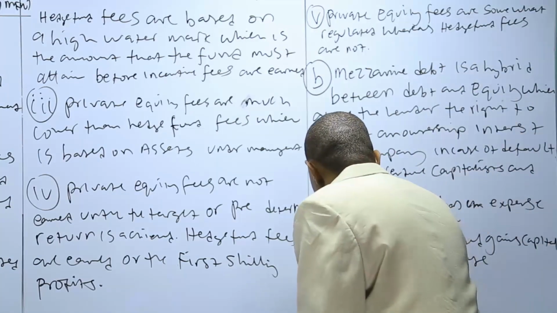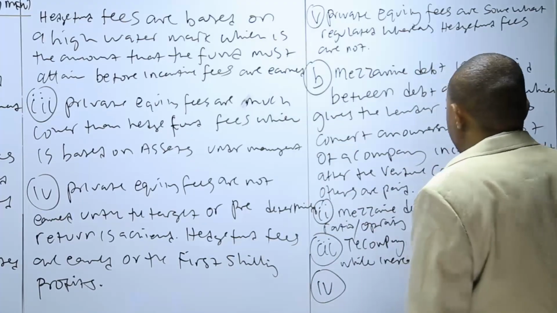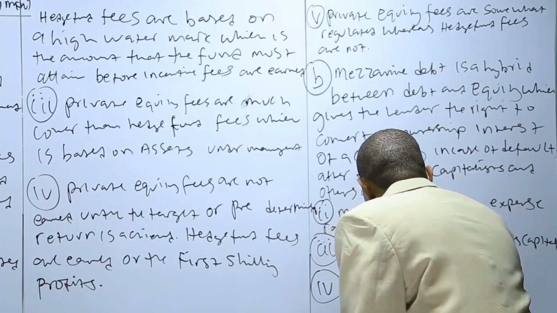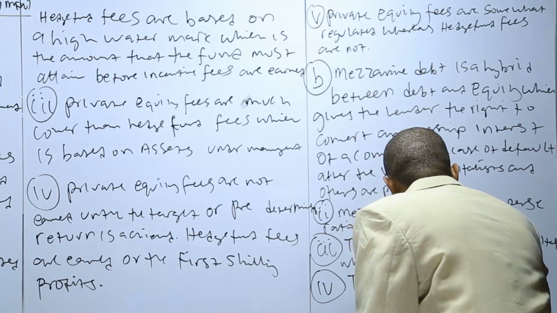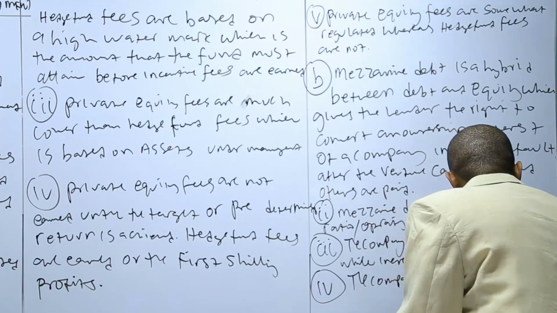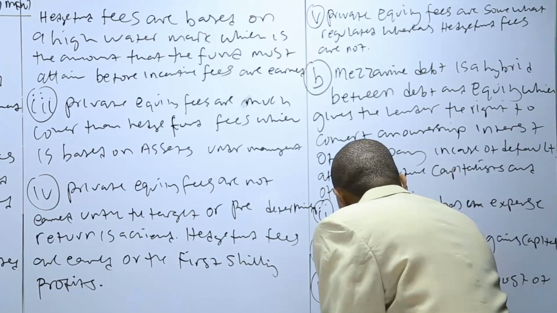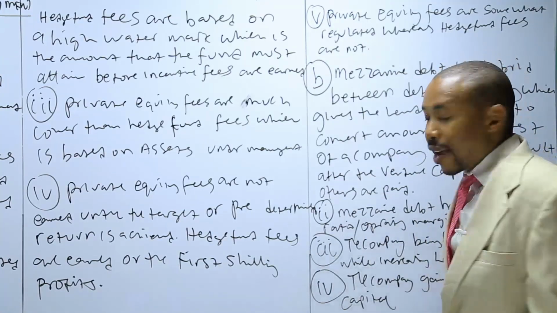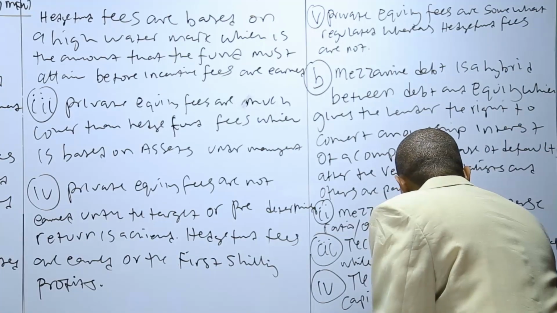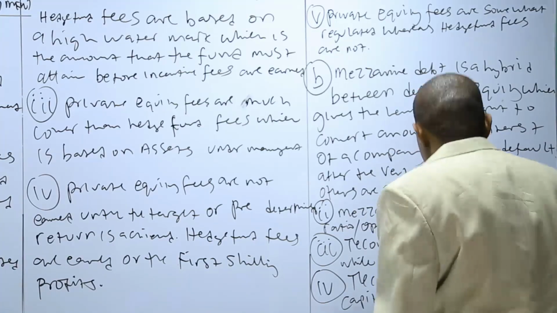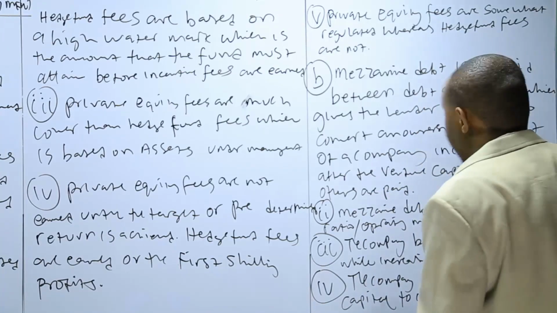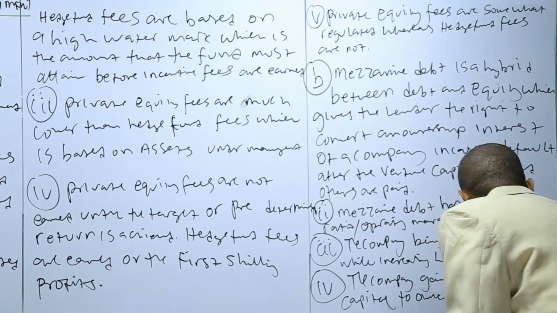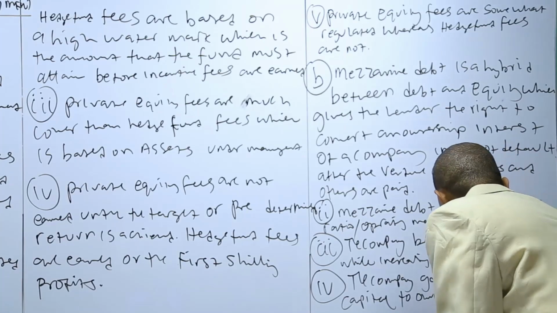Number 4, we can say that the company gains lower cost of capital, to owners, and high returns to investors.